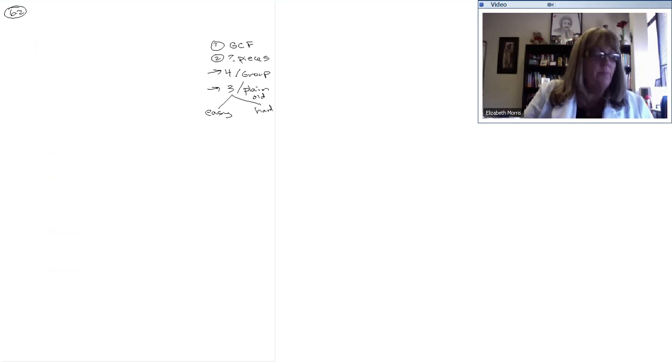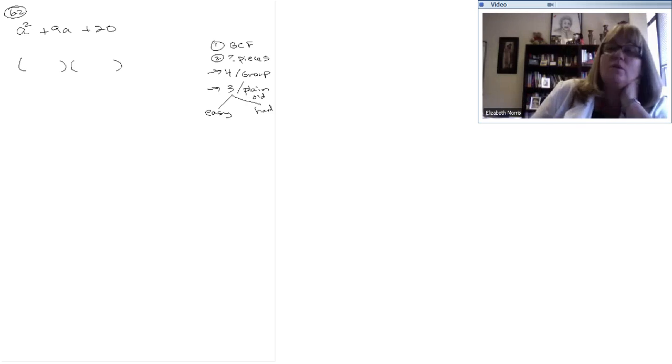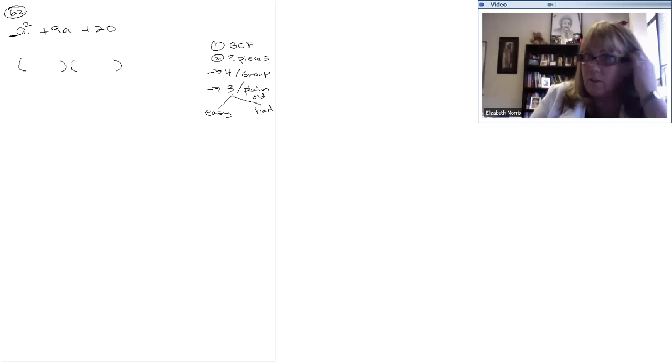So let me put something up here, and let's talk about it. a squared plus 9a plus 20. We have to figure out how we can put it into a multiplication problem. Well, as long as whatever's in front of the letter that's squared is 1, it's the easy kind, okay? Because how can we get a squared? We can get it by multiplying a times a.